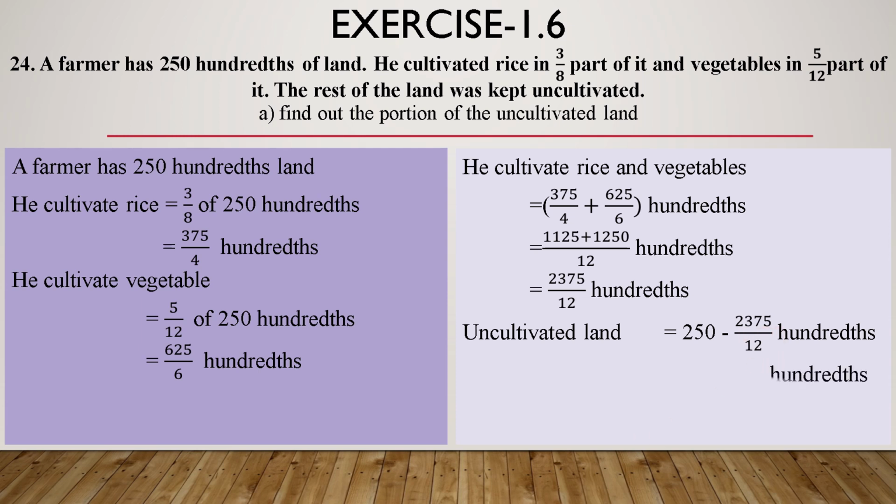Now if we do the LCM, it will be 12, and 12 multiplied with 250 will be 3000, minus 12 divided by 12, it will be 1, 1 multiplied by 2375 will be 2375. And if we subtract them, we will get 625 by 12 hundredths of land. So this is the answer of question number A, my dear students.